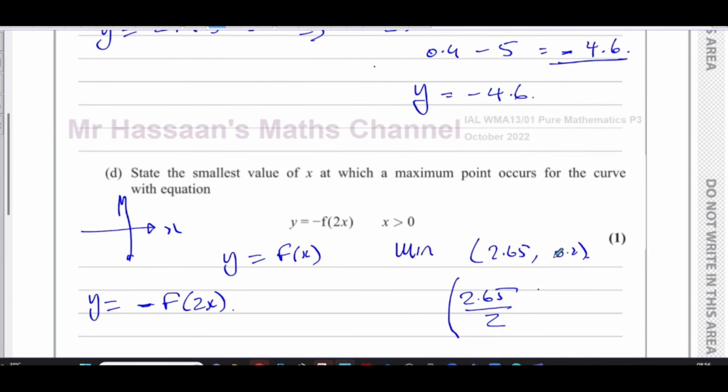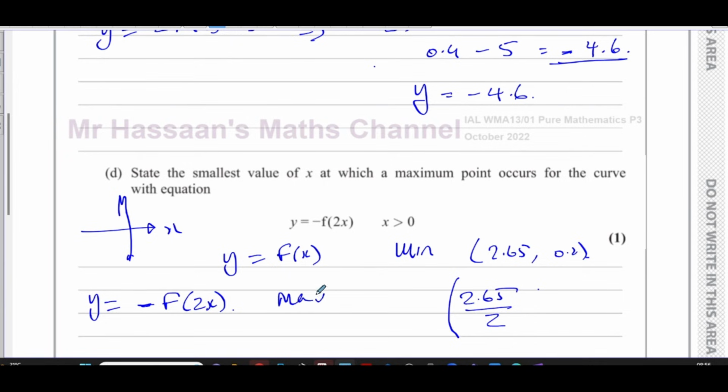So if this is the minimum, then the maximum is going to be when it's reflected in the x-axis. For the new curve, what's going to happen now is the minimum is going to become a maximum.